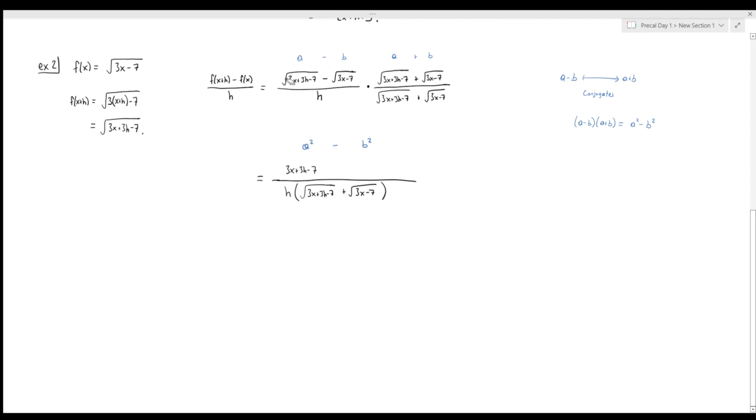So the square would just get rid of the square root for us. And likewise, b squared, the square would just get rid of the square root. So it's really just 3x minus 7. But be careful, you're subtracting all of this. So we should put parentheses around that to indicate as such.